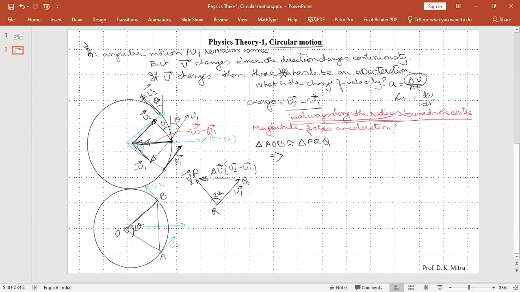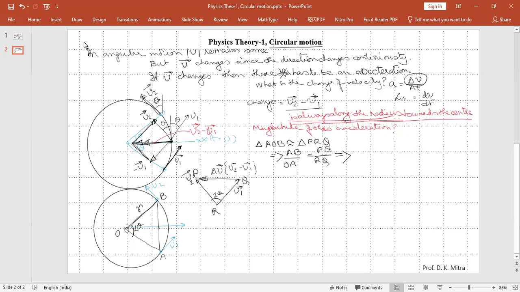Therefore, AB is the arm opposite to the angle 2 theta. Here, the arm opposite to the angle 2 theta is PQ, and it's the isosceles triangle. Any arm here is the radius of the circle, OA. Here, any arm, let us say RQ.